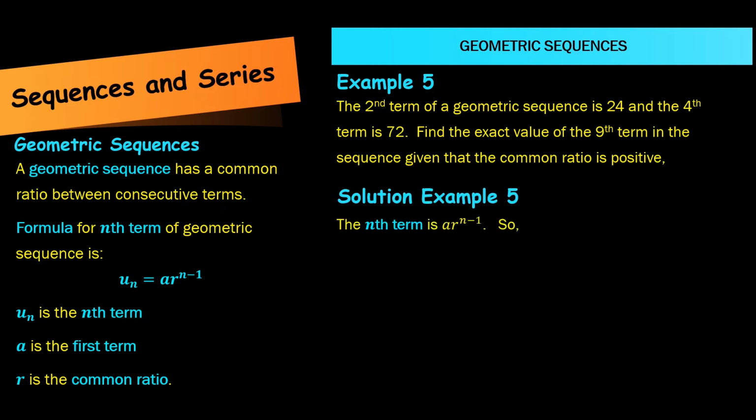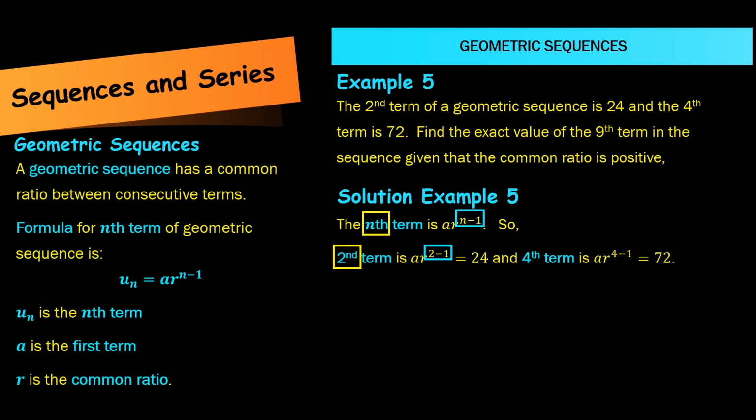The nth term of a geometric sequence is a times r to the power n minus 1. So the second term is a times r to the power 2 minus 1, which from our question is equal to 24, and the fourth term is a times r to the 4 minus 1, which is equal to 72, again from the question.